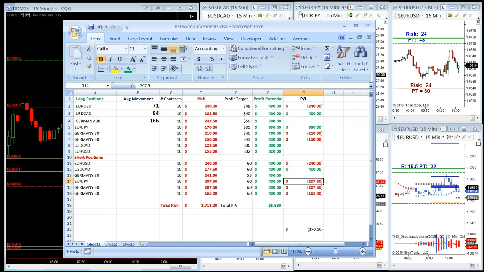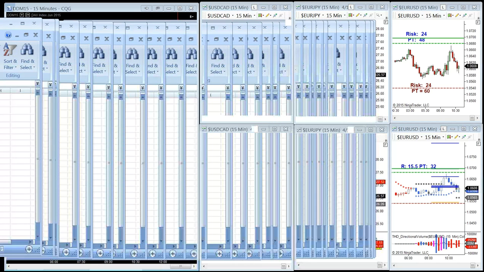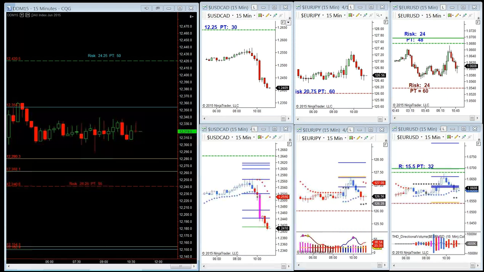Everybody understand that? And that's a lot of trades. 14 trades altogether. Does everybody understand that?